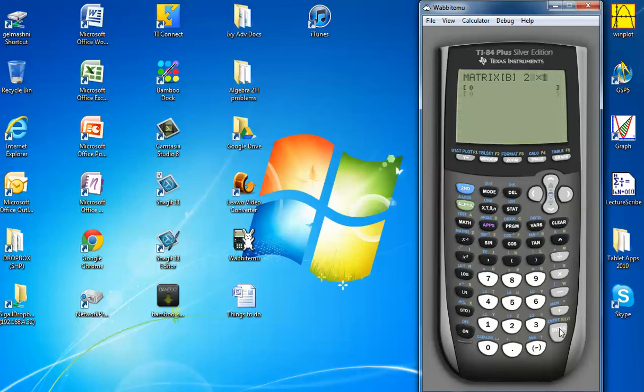And then we had a 2 by 1 matrix on the right side of the equation, which is 5 and 17. So if I call up matrix A, take the inverse of it, and multiply it by matrix B, I get 8, 1.